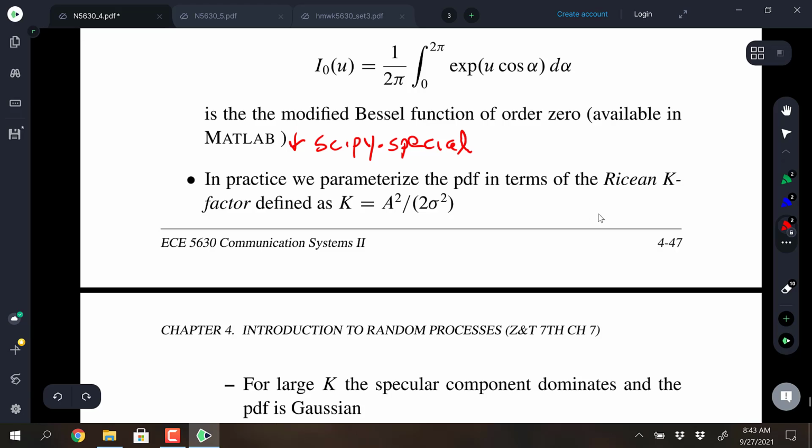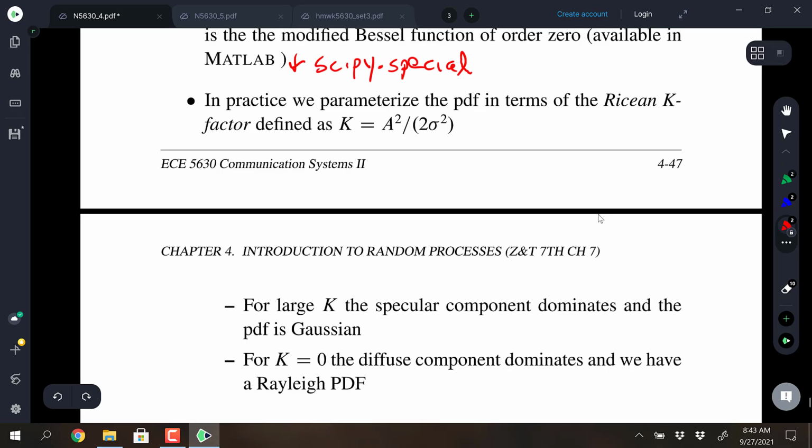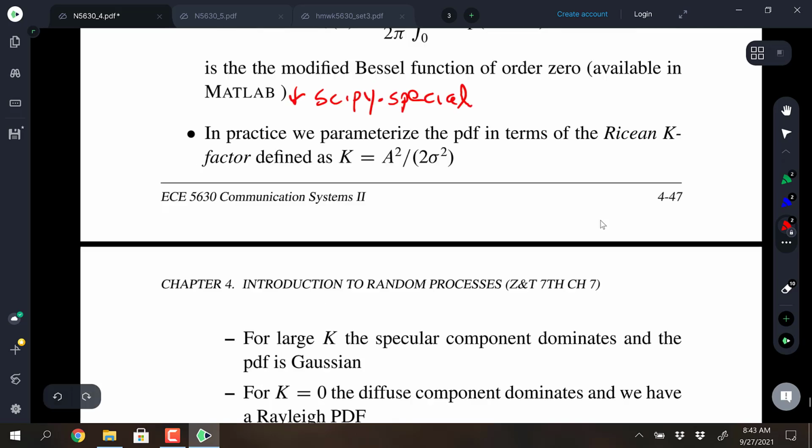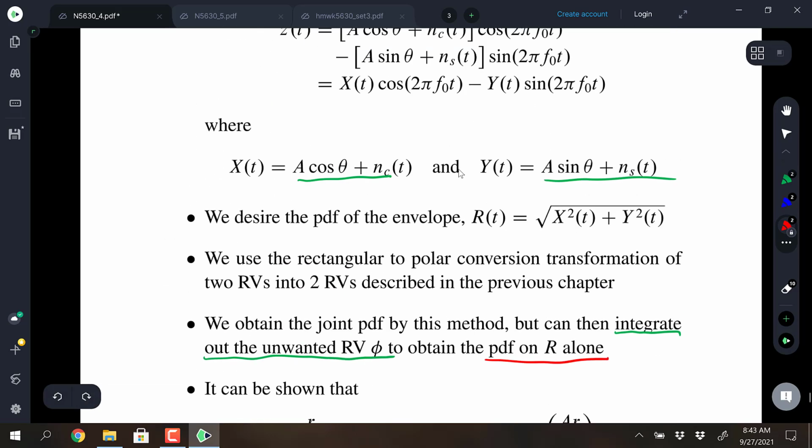So when you're actually dealing with this in a model of a Rayleigh fading channel, with both specular and the diffuse would be the Rayleigh part, and the specular makes it Ricean, so it's shifting the component. And when I say shifting, I'm thinking in terms of X and Y here.